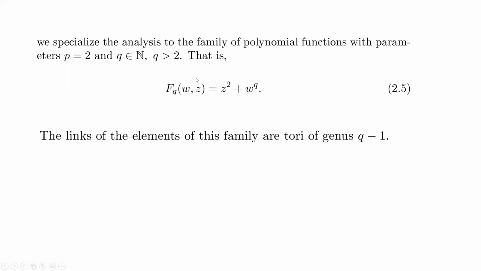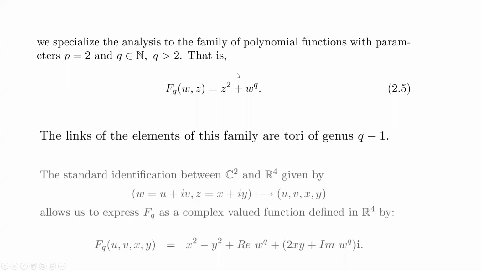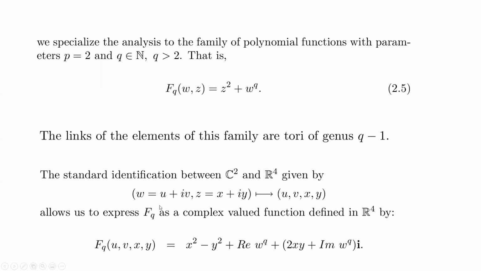We have to consider the real part of the inverse image of 0 of these polynomials. So let's identify, as usual, the standard identification of C2 with R4. This is standard, very simple.